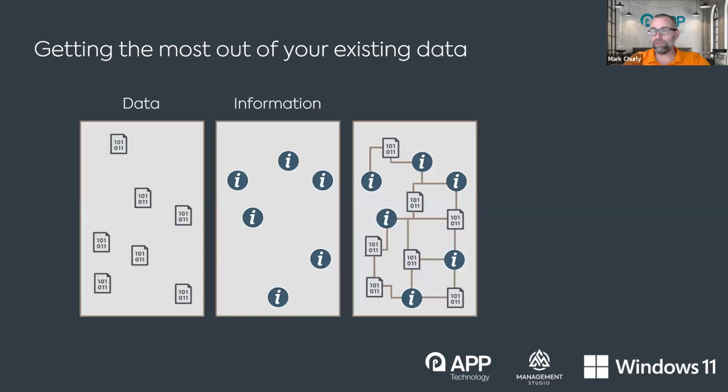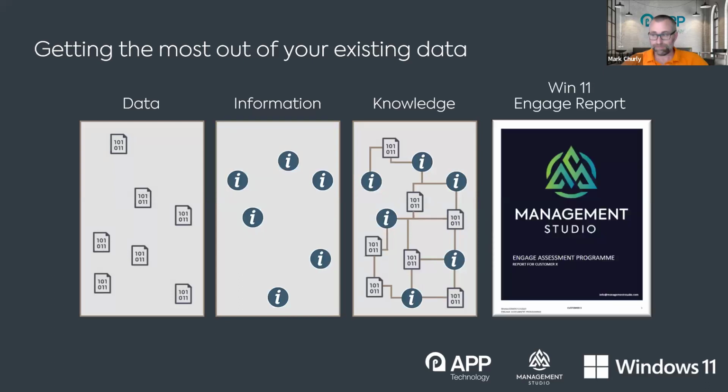You'll have other sources of information in your estate potentially that will enrich that with locations or other pieces of information. What we do with ManagementStudio is we pull these disparate sources of data into what we call knowledge, and then that helps us pull together your report to present back to you. And tying these key pieces of information together is really the key about what we're helping here with today.